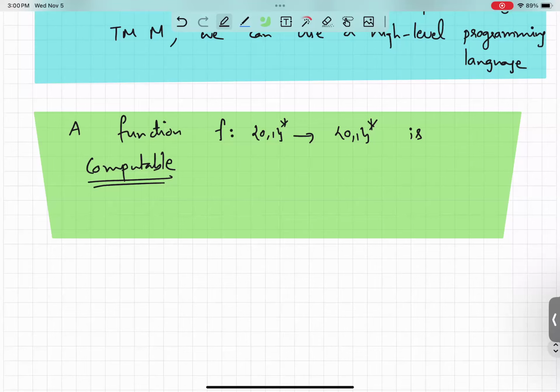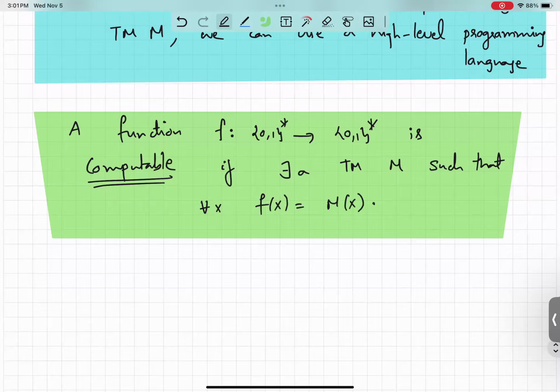Now we're just going to drop the qualifier and say it is computable if there exists a Turing machine M such that for all x, f of x equals M of x. Okay, a function is computable if there is a Turing machine which can compute it.